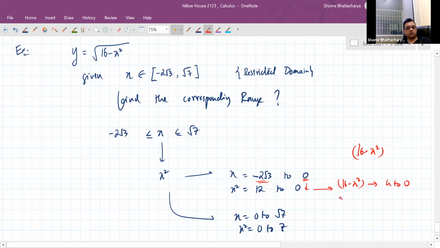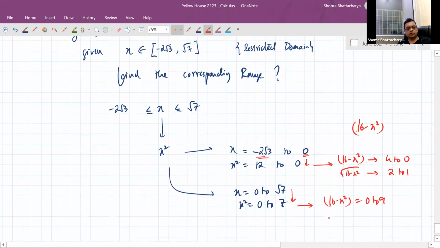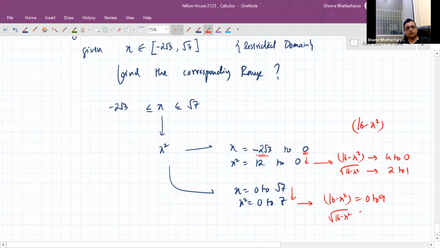So correspondingly, square root of 16 minus x square is going from 2 to 0. Whereas on this side of x equal to 0, as x is going from 0 to root 7, x square is going from 0 to 7. So what about 16 minus x square? It is going from 0 to 9. Okay, so what is happening to square root of 16 minus x square? It is going from 0 to 3.